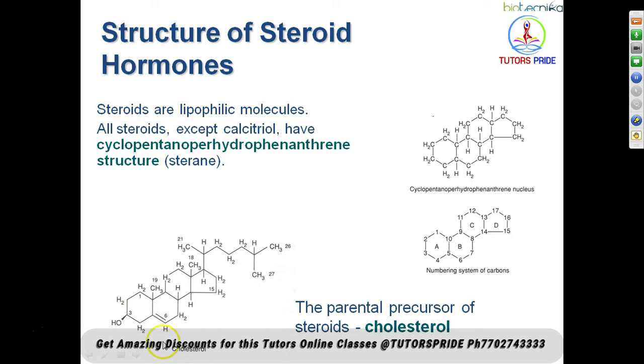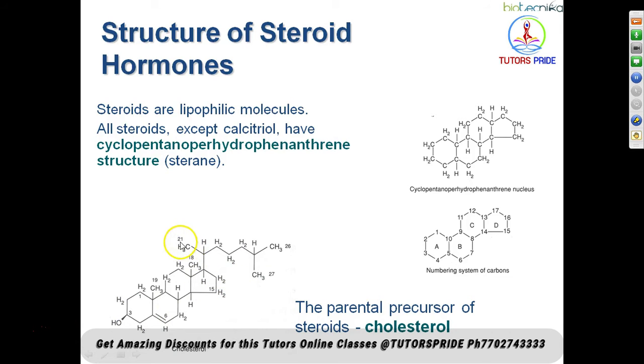As you can see here, this is the structure of cholesterol, numbered up to 17 in the ring system. After that, this is 18, this is 19. This is the numbering system for cholesterol.